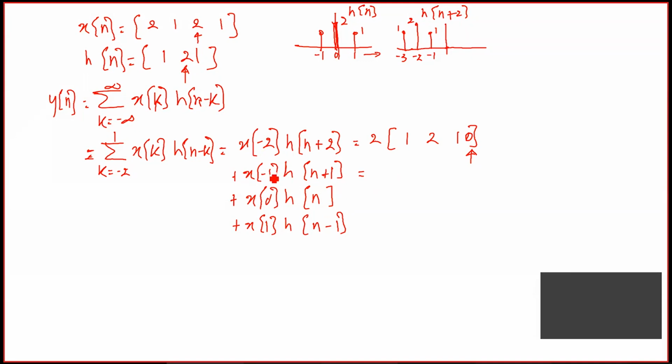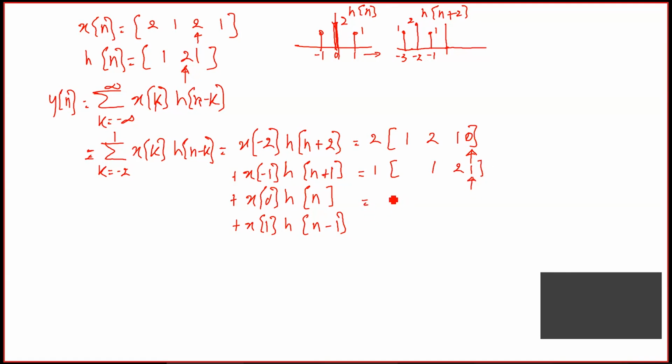So this will be x of -1, which is 1, into h of n plus 1. So this thing shifted left by 1 unit. So this will be 1, 2, 1, and arrowhead right here.